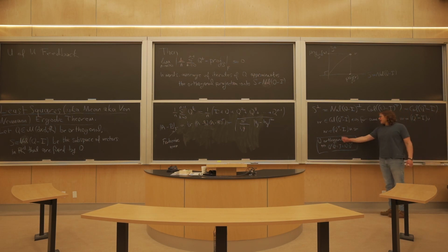So instead of I here, let me write this, times U. But then I can factor out Q transpose here and write it like so.